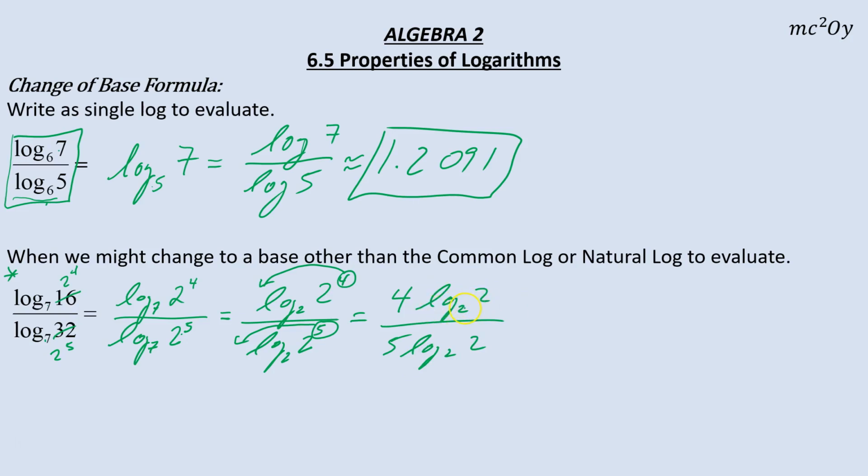Well, log base 2 of 2 is just 1. That says 4 times 1 and 5 times 1, which is just 4/5. So you've evaluated it without using natural log or common log, and you could use those, but you'd still get 4/5 or 0.8. All right. I think that's it. Yep, good luck.